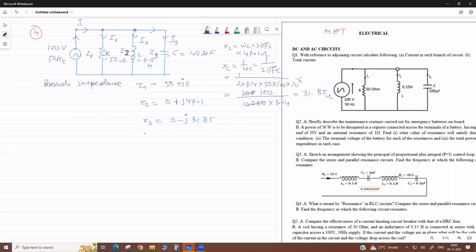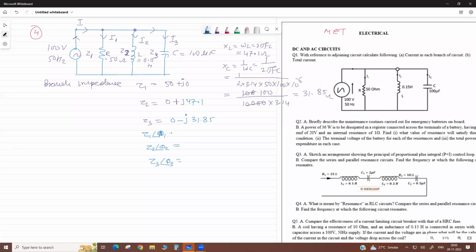Their polar form we can write: Z1 angle theta 1, Z2 angle theta 2, Z3 angle theta 3.